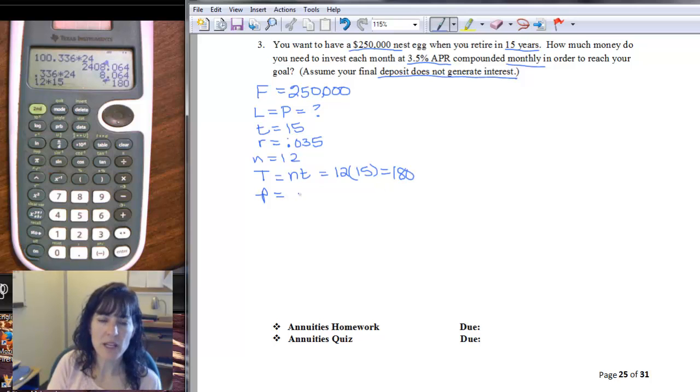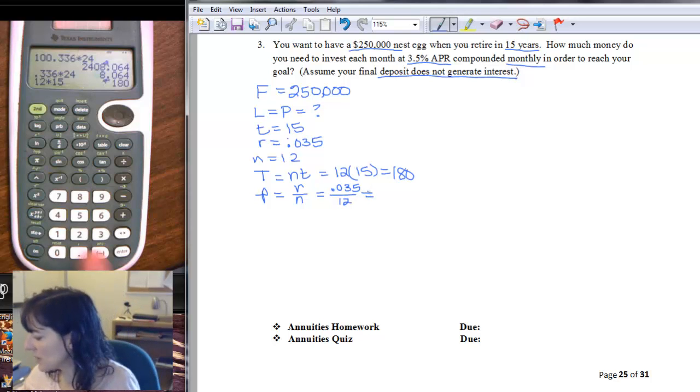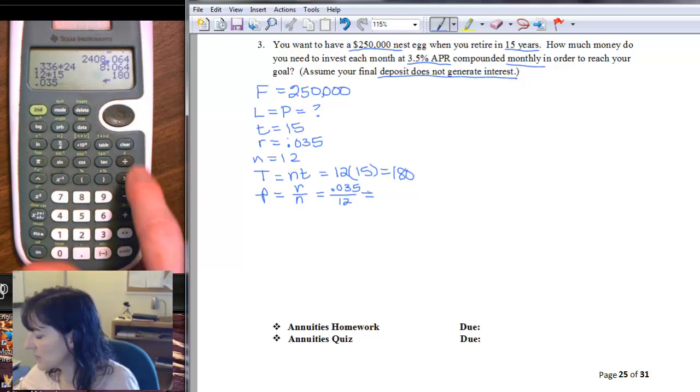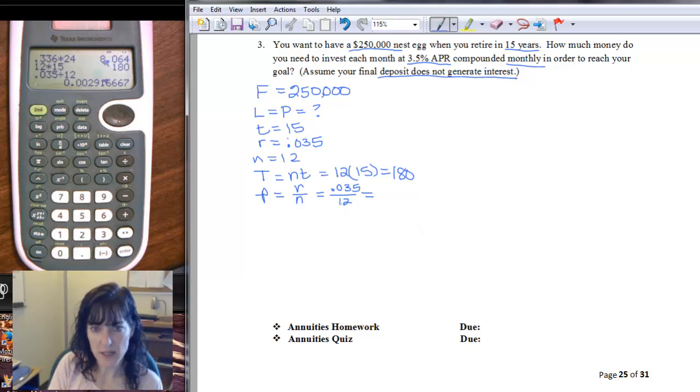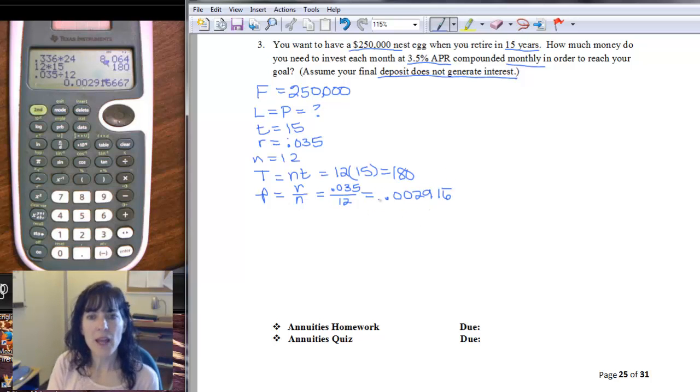And then my little p is going to be the rate over the number of compounding, so 0.035 over 12. So 0.035 divided by 12. And I get a nice long decimal, 0.002916, repeating. And I want to store that one.